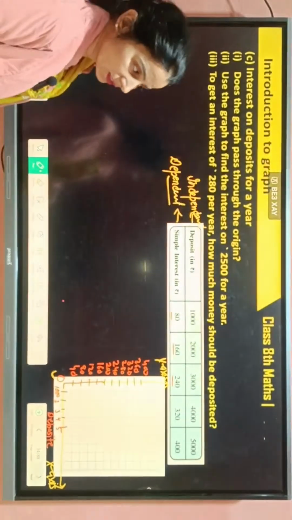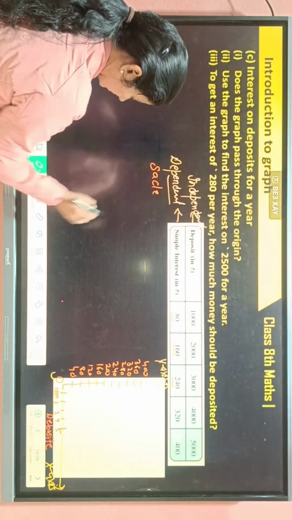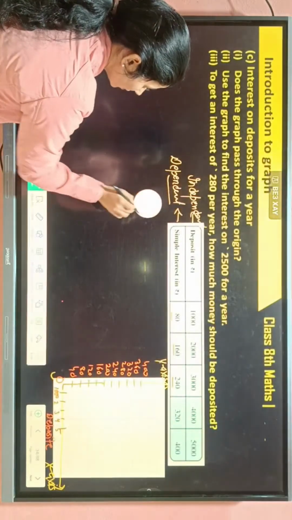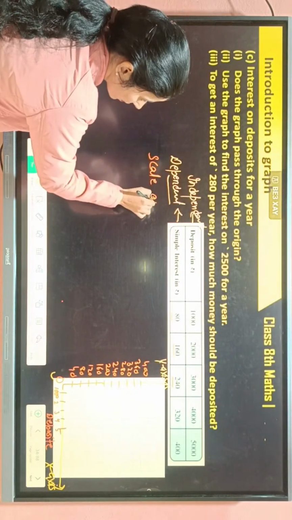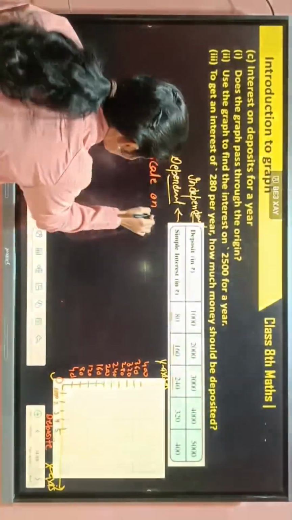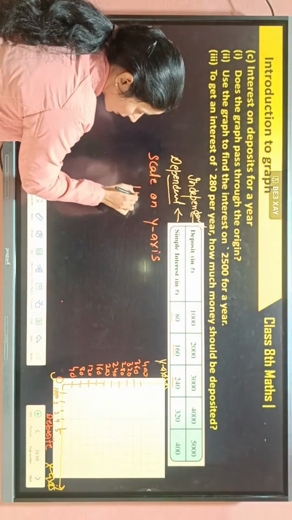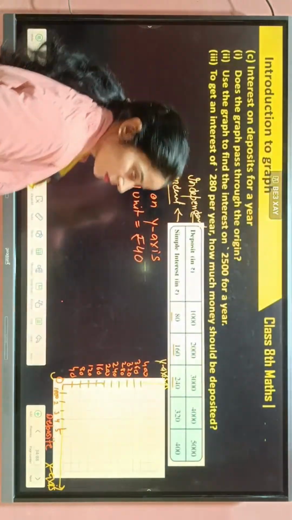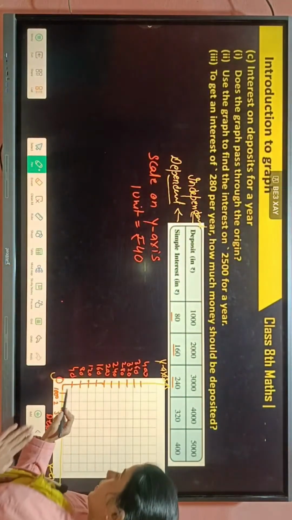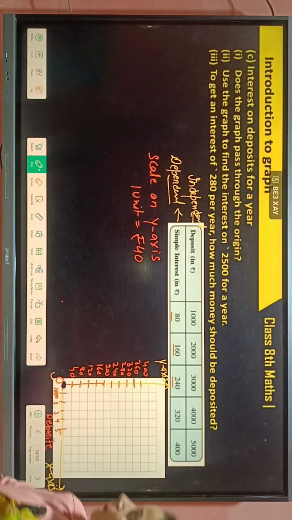Let us define the scale on the y-axis. On the y-axis, you will write 1 unit is equal to rupees 40. This 1 unit from there to there is 40 rupees.